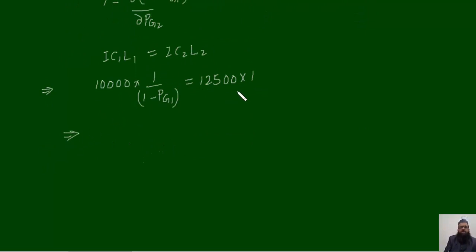All calculations are being done in per unit values. So send this to that side. So we will get 1 minus PG1 equal to 10,000 upon 12,500.